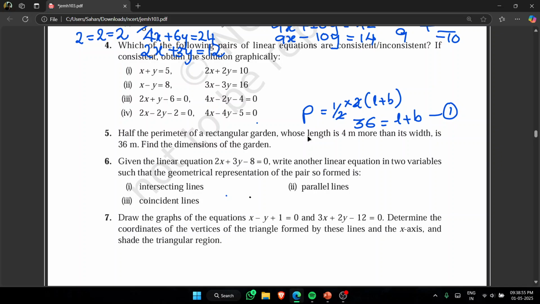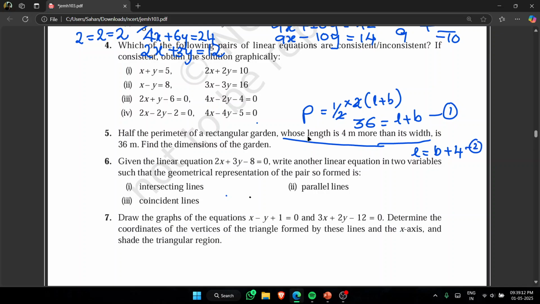And then, whose length is 4 more than its width. So length is 4 more than its width: L equals B plus 4. So here I get the second equation.